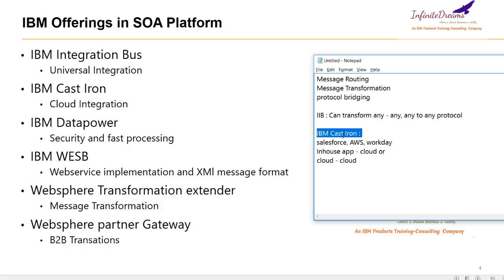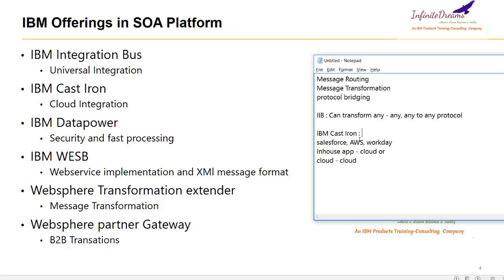So any company which has only cloud based integration will prefer IBM Cast Iron rather than IIB. Another advantage is that making any orchestration or message flow in IBM Cast Iron is quite easier than IIB.